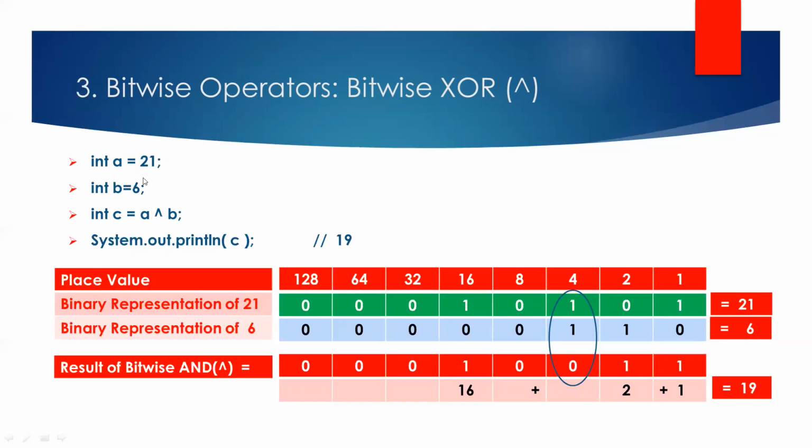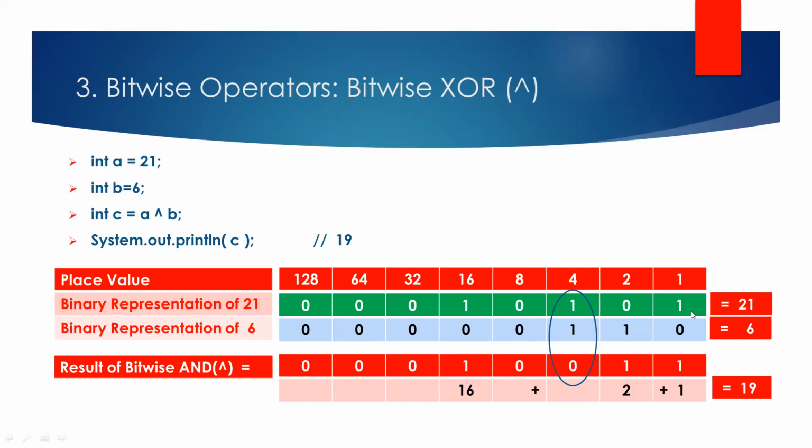So for 21 and 6, I'm taking the same values and I'm going to perform A XOR B. This is the representation of 21, 0 0 0 1 0 1 0 1, and this is the representation of 6. So look at where both bits are the same. Here both bits are the same, 1 and 1, so it will be 0. Here both bits are the same, so the result is 0.